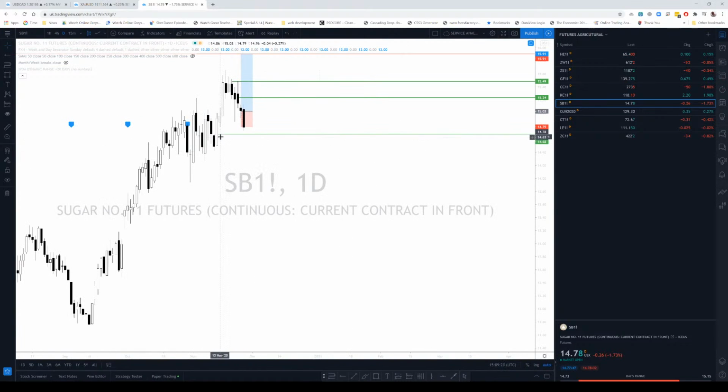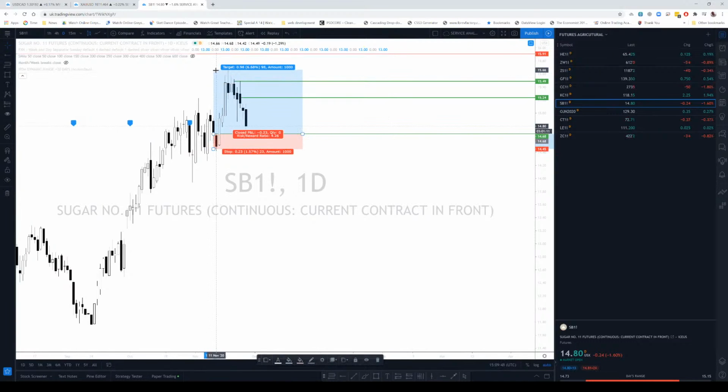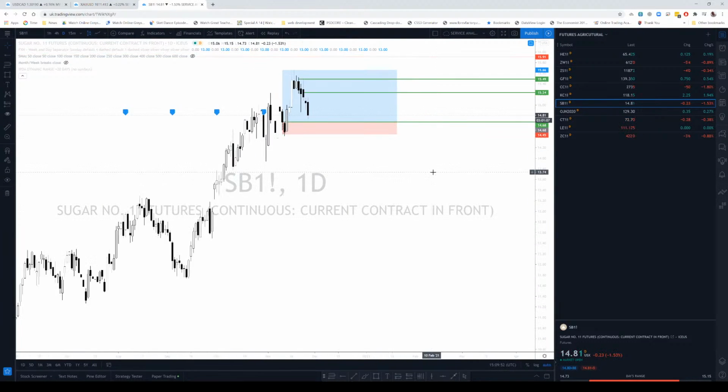It should reverse here. We have a gap, so it should see another trade from here and then move above that high. It should go above that high again from there.